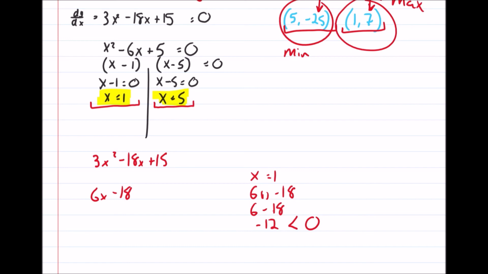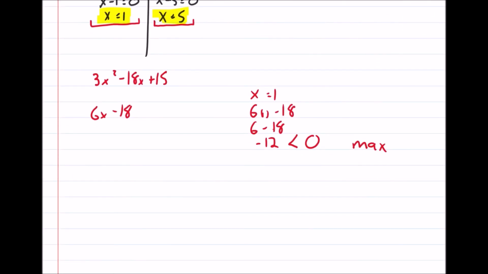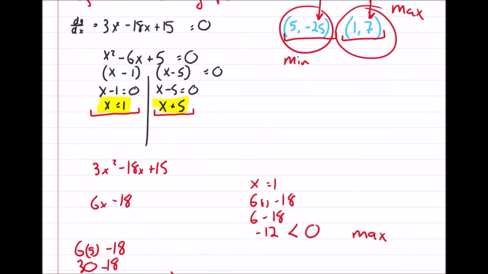So therefore, that is our maximum value. And likewise, if I put in 5 for the x, now we get 12, and 12 is greater than 0, so it's the minimum, which I suppose just reiterates what we said up here.